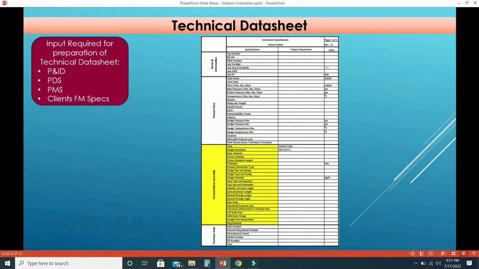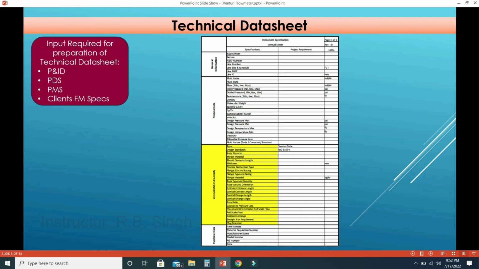Technical data sheets of Venturi meter. Definitely in engineering design projects we need to prepare the technical data sheets of Venturi meter. So we need to find out the total number of Venturi meters in our PNID. Then we will prepare technical data sheets one by one for each, because based on this data sheet only we will get the inquiry from different suppliers and we will review technically.